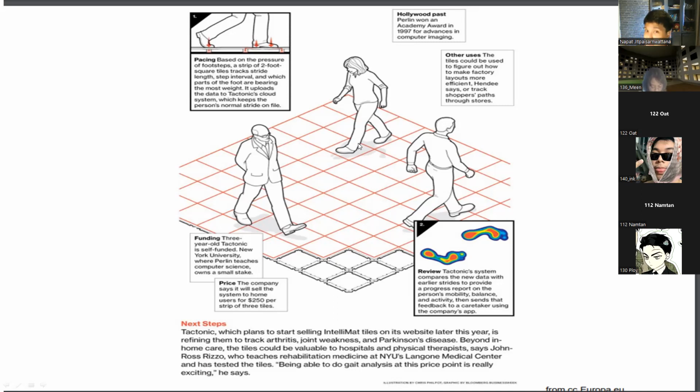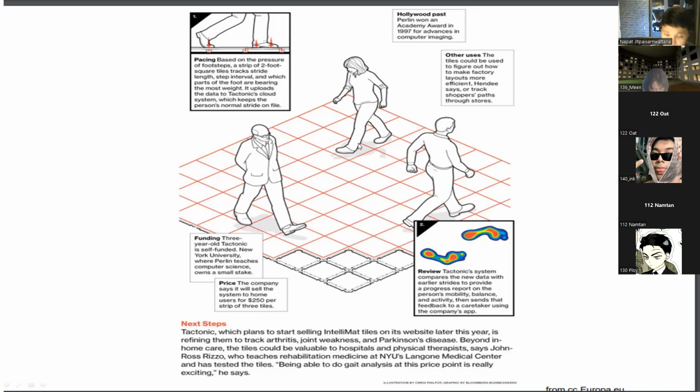Why it is important to detect how you walk, and you may not know this, everybody in the world has a different way of walking. We put different weight into the floor, right? So somebody walks quite heavily, somebody walks quite lightly, and so on, right?